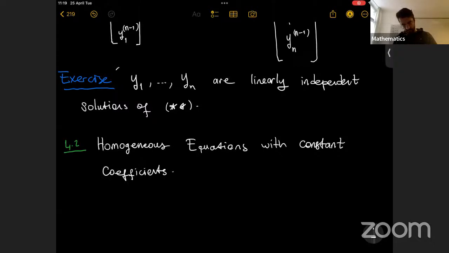Well, what is the question here? Maybe let's say show that these are linearly independent solutions, okay?